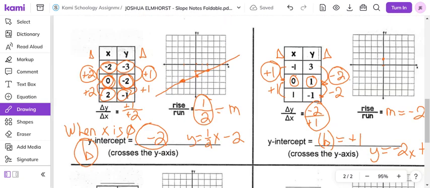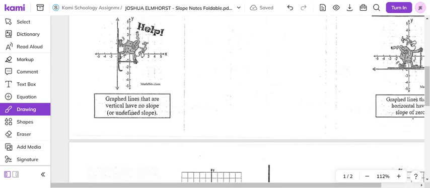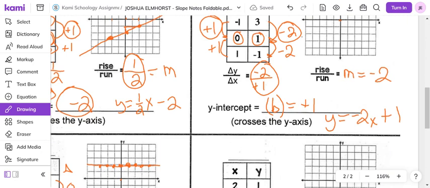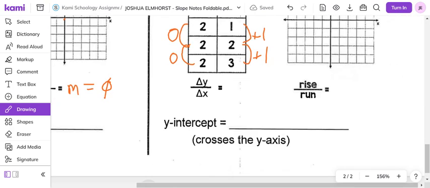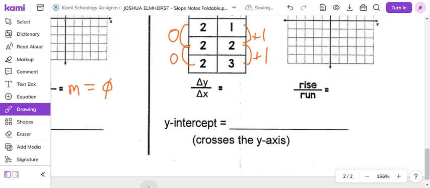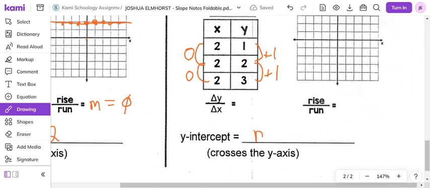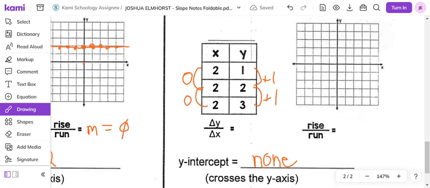And then the last one is not going to be 0. It's going to be undefined. So when y is changing, but x is not changing, when x is 0, y-intercept, if you don't have a y-intercept, then this problem is going to be undefined for x and y.